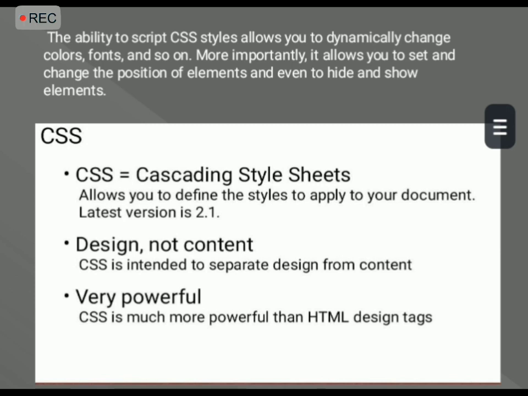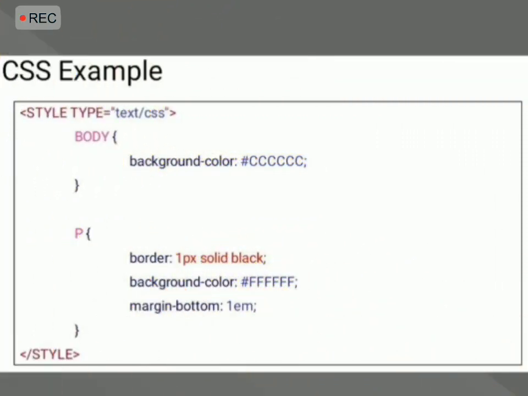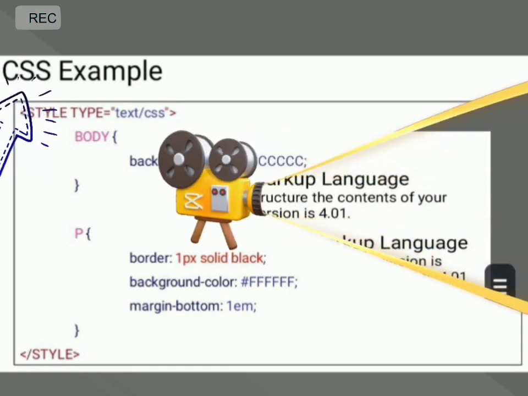Latest version is 2.1. Design, not content. CSS is intended to separate design from content. It is very powerful. CSS is much more powerful than HTML design tags. So, as you can see, here there's an example of CSS code and how to add background color.